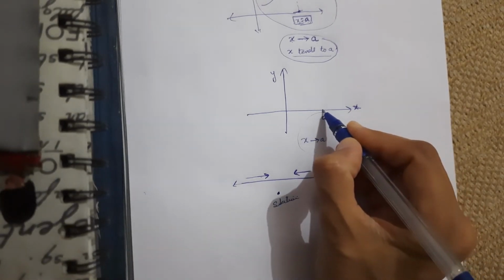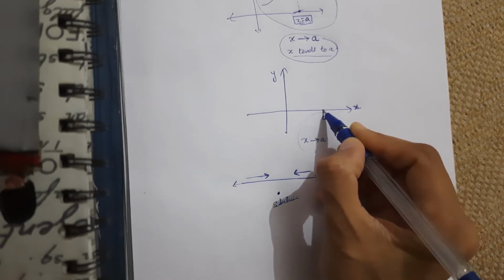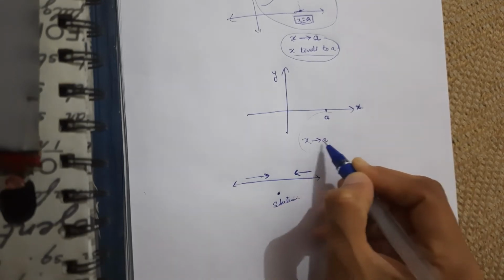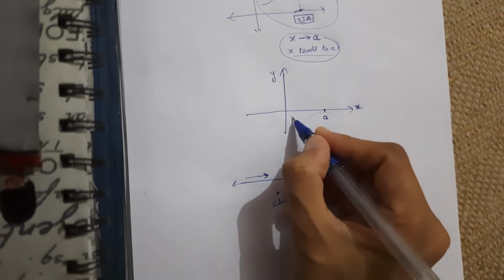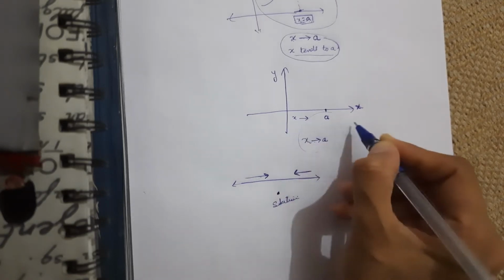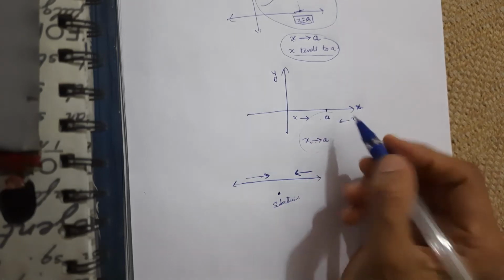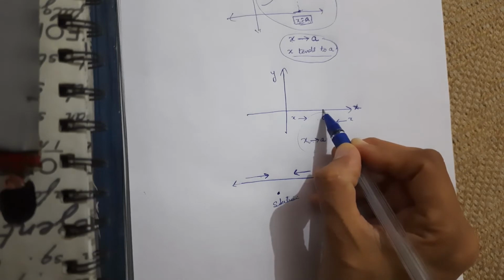This is the same thing. This A is a fixed point. Consider this as a railway station, and if I am saying x tends to A, or x is approaching A, then x can come from the right side as well as from the left hand side. So from both sides x can approach A. Okay.